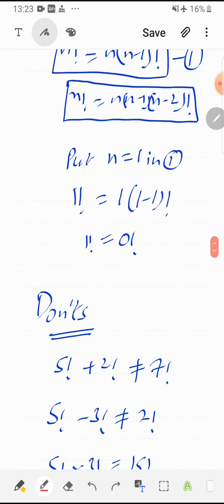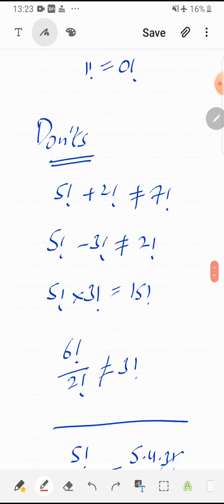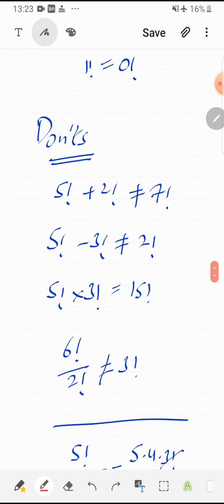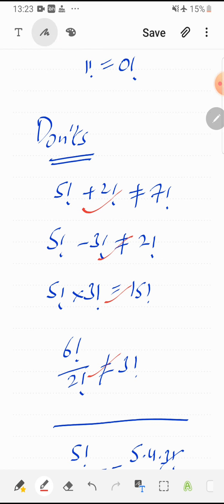So let us understand some don'ts regarding factorial notation. Factorial notations can't be added, subtracted, multiplied and divided directly. So we can't use these operations in factorial notation, and the reason is very obvious: LHS and RHS, when solved independently, are different.